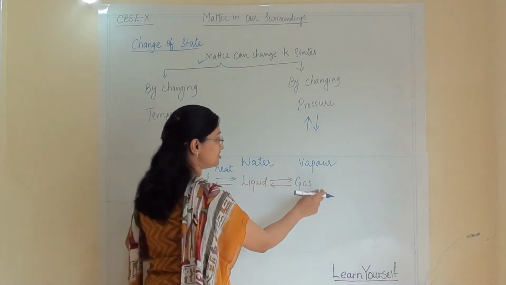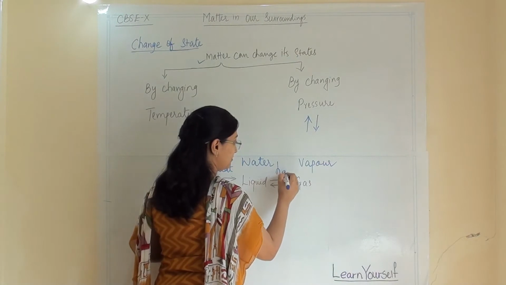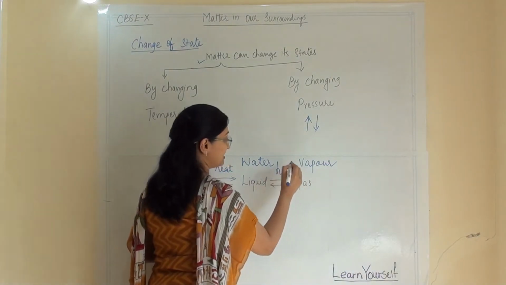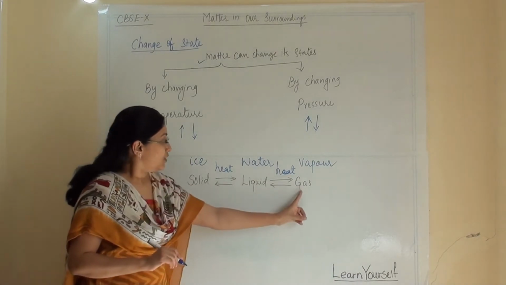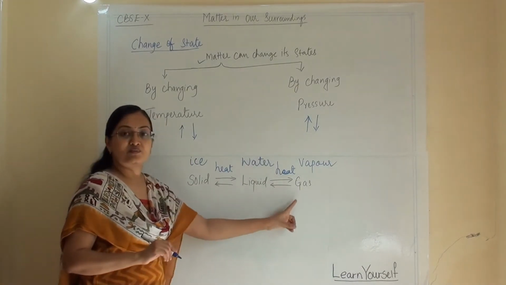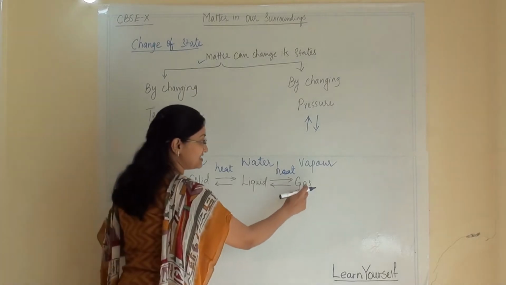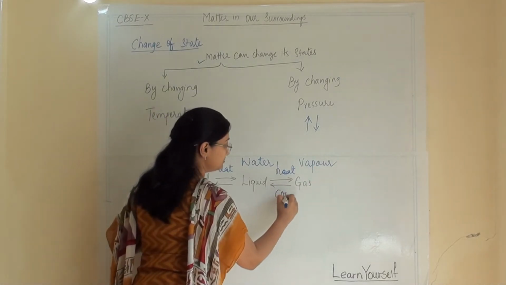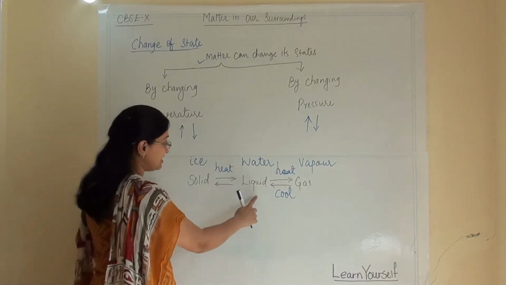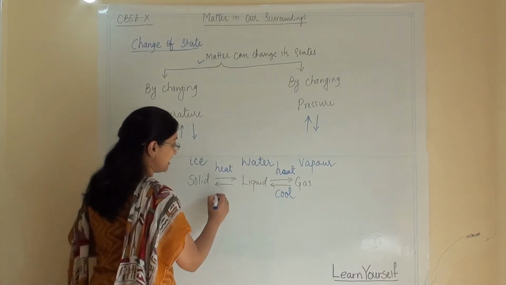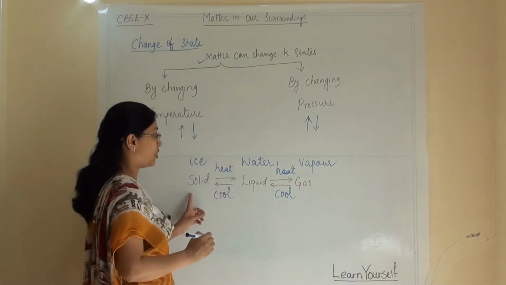Now water will change into vapor when we give some more heat. Then when the reverse happens, the vapor will cool down and become a liquid. Then the liquid will cool down and become solid.